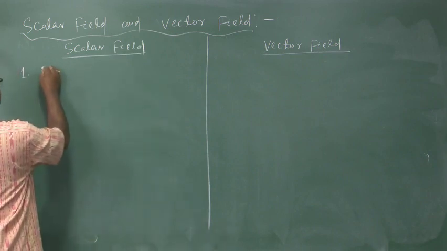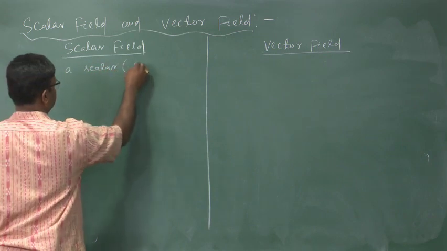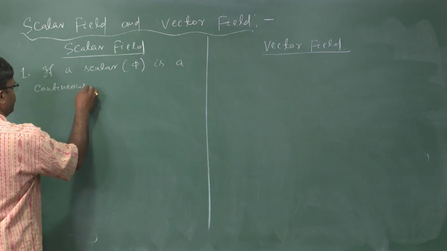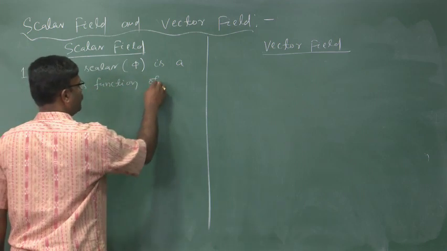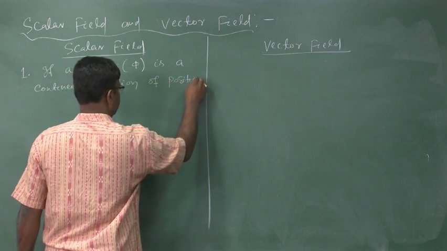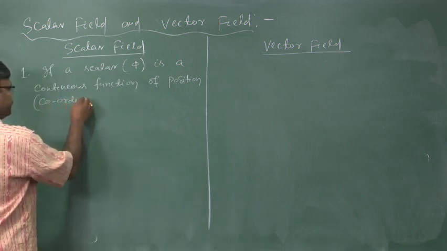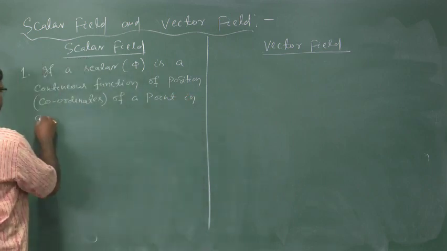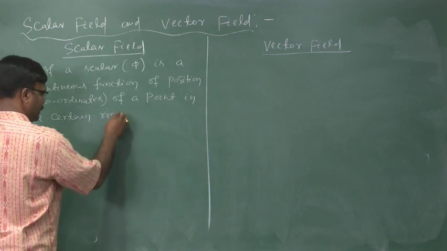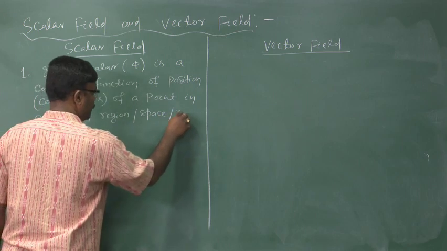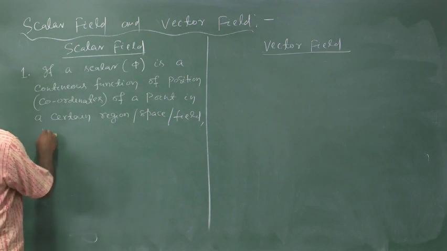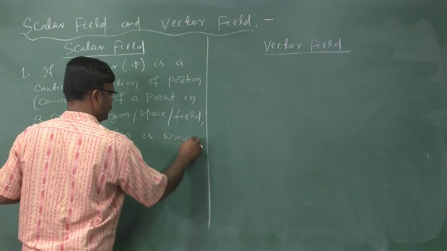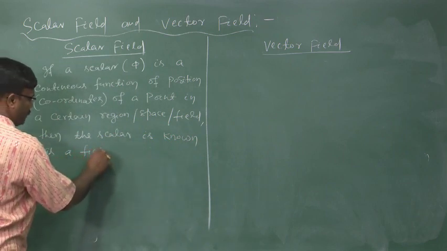Number 1 point: if a scalar phi is a continuous function of position, that is coordinates of a point in a certain region or space or field, then the scalar is known as a field scalar.